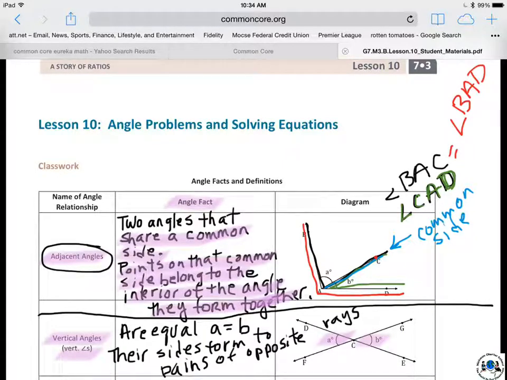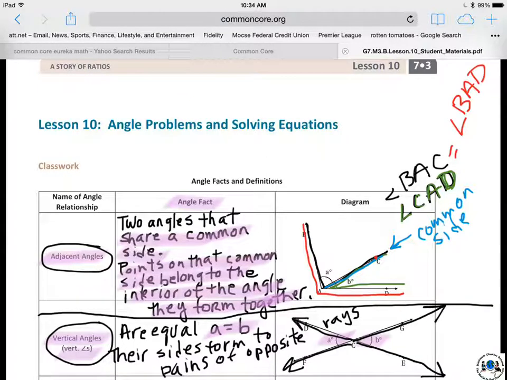Another aspect of vertical angles: not only are they equal, as you can see, A equals B here, as we had mentioned, but their sides form two pairs of opposite rays. So you have this ray here, CG, moving this way, and then CE moving this way, and then CF, CD moving that way.